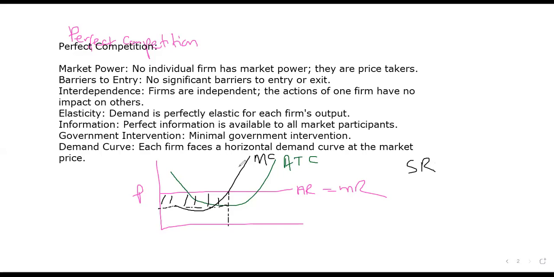In the long run, the total costs start increasing until they meet the marginal revenue. So this is called our shutdown point.